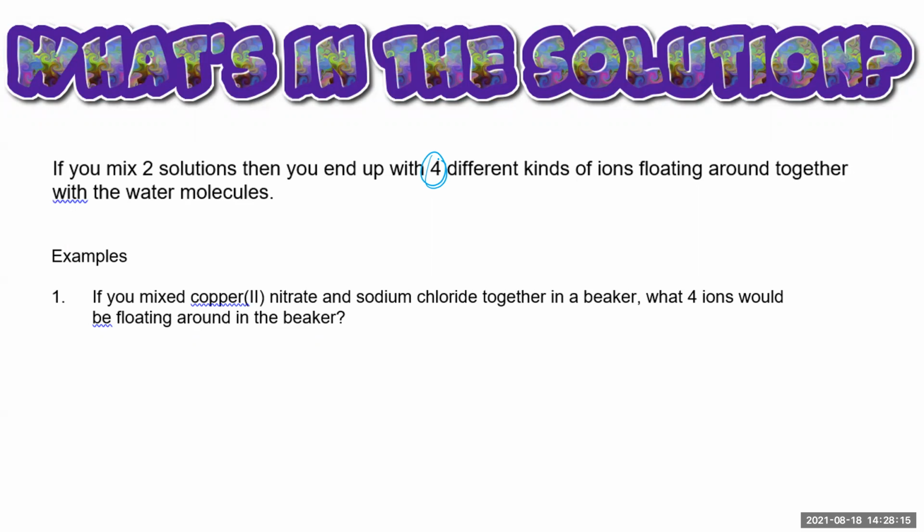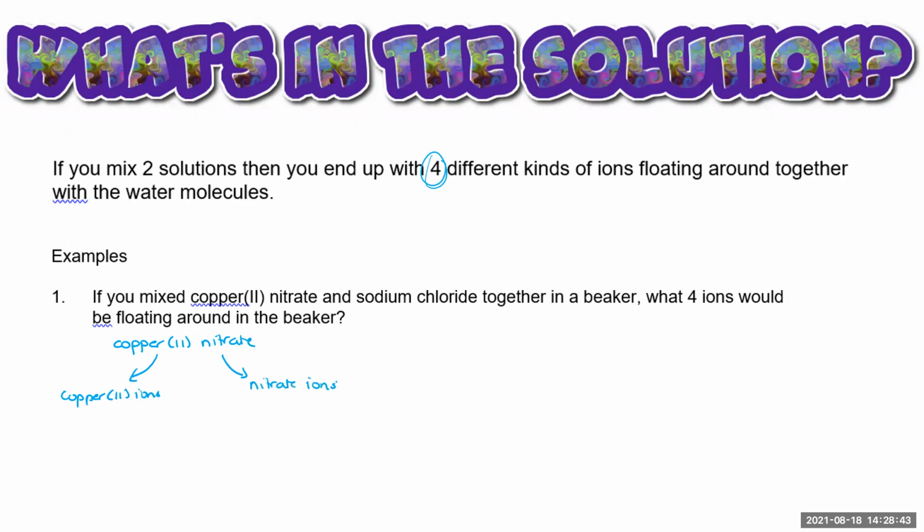So in our first example, we're mixing copper 2 nitrate and sodium chloride together. So copper 2 nitrate. What two ions is copper 2 nitrate made of? Well, it's made of copper 2 ions and nitrate ions.